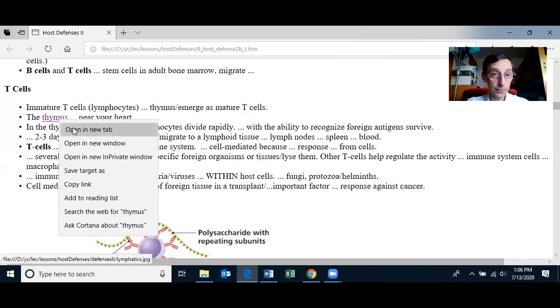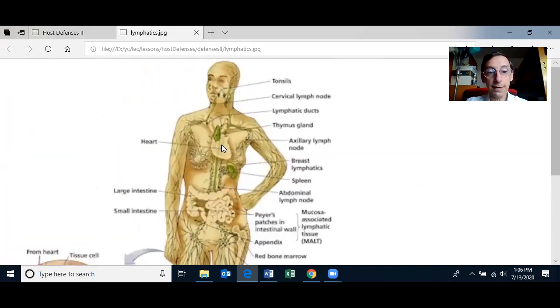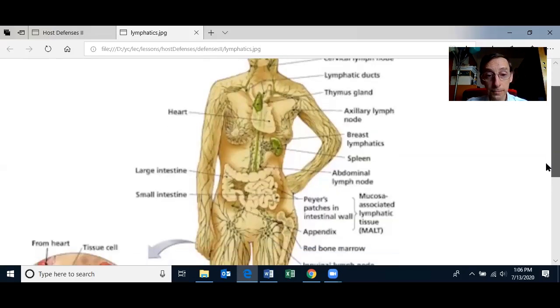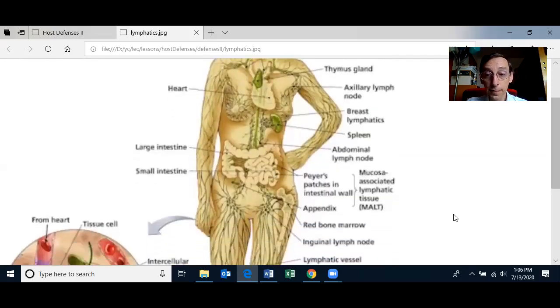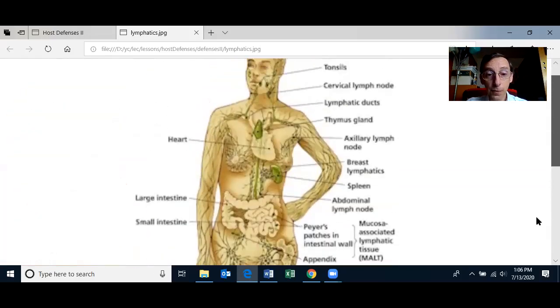Let me show you a picture of the thymus, if I can get it. Let's blow that up. Recall that the thymus is a gland really close to the heart, and that's where the T cells mature, and then they enter circulation. After leaving the thymus, they can directly enter the lymphatic system, which is the veins and nodules shown in green here. And if you notice, the lymphatic system pretty much circulates around the body.